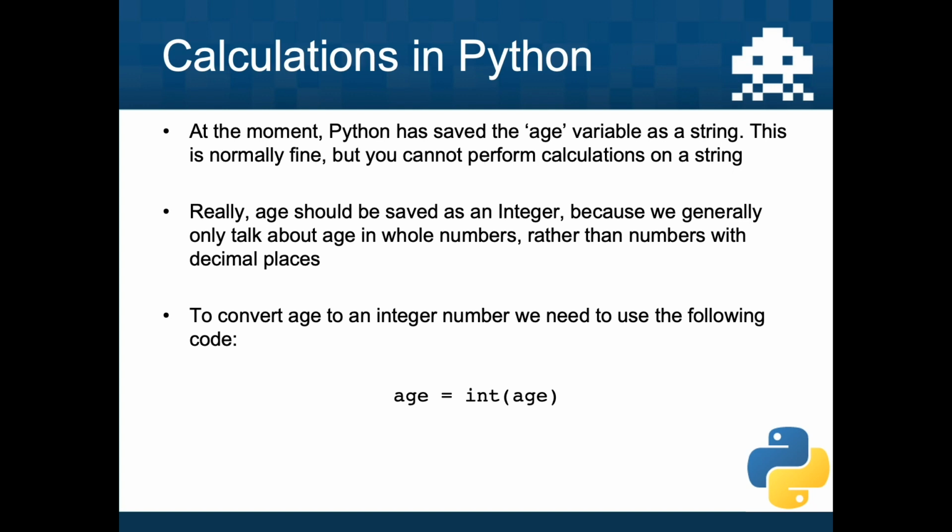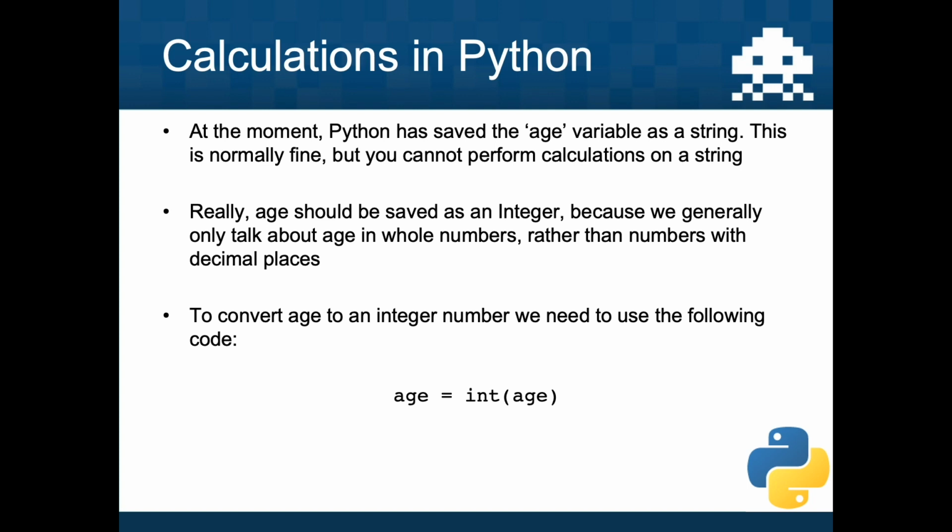I'll assume that people are always going to reply 11 or 12 or 13. Now we want to tell Python to convert age to an integer, and we do that using the bottom line of code on the screen. So age equals int age. We take the variable of age and we convert that to an integer, and we save it as age. So we overwrite the original variable as an integer.